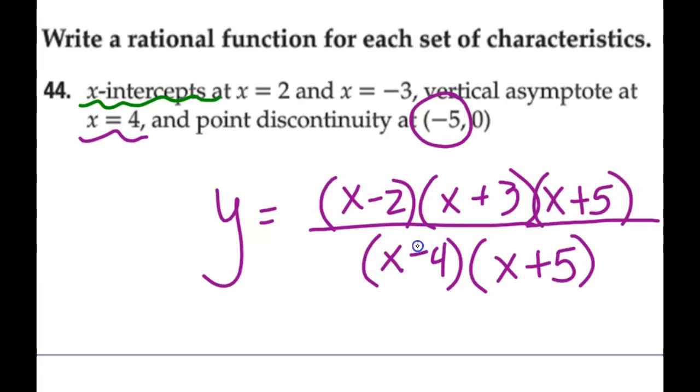It means that when I put in a negative 5 in the reduced one, I get 0. Yeah, I'm not going to worry about that because I'm not going to make it that complicated. We're just going to keep going. All right.